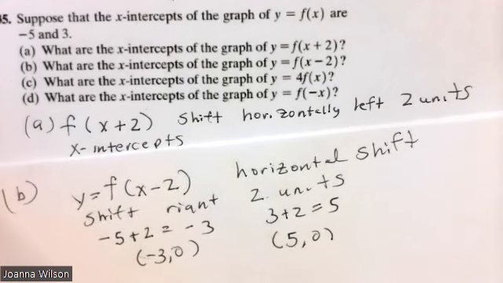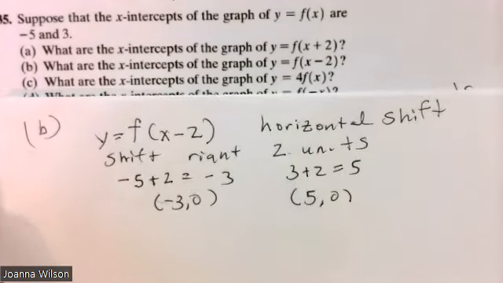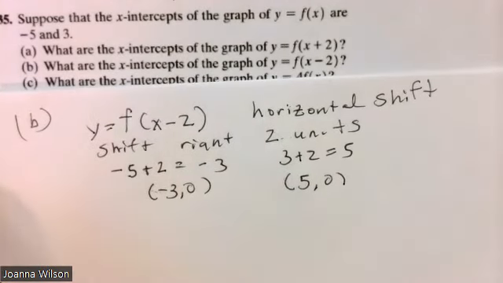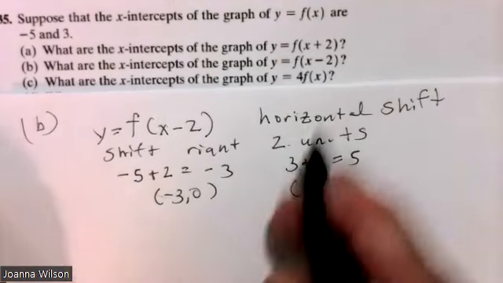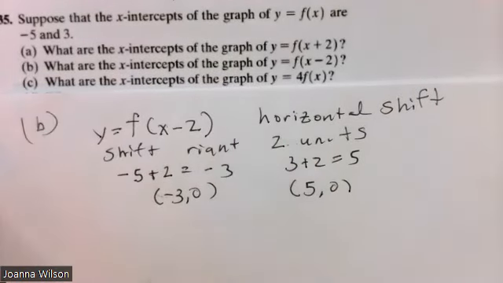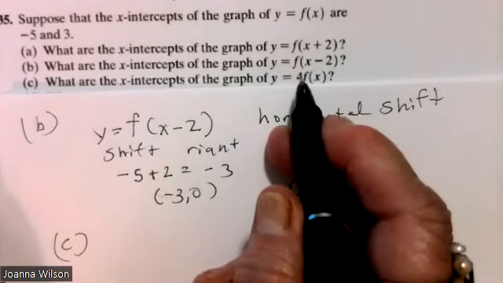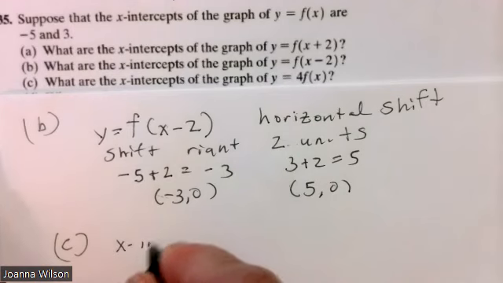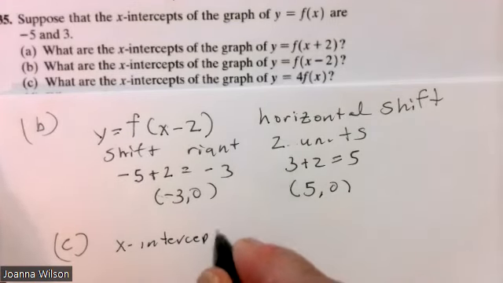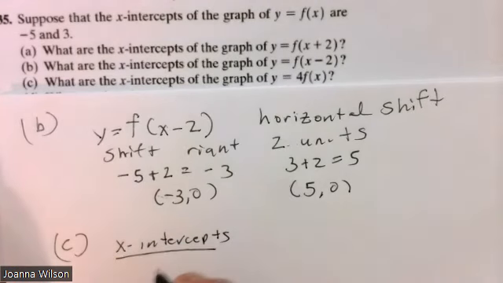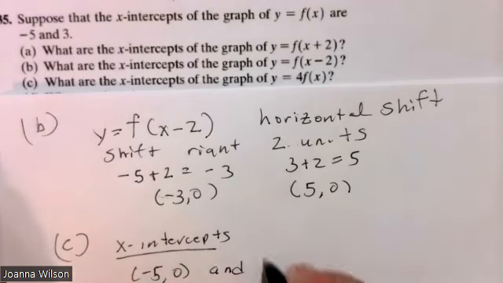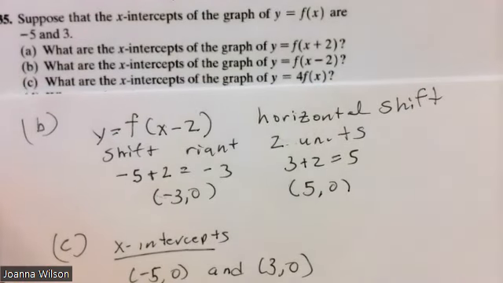Okay, then C. What about if we multiply f of x by 4? When you multiply f of x by 4, you're really multiplying the y values by 4. So it's not going to affect the x values. So the x-intercepts, it was given that they were (-5, 0) and (3, 0). And remember, I'm putting zeros here because an x-intercept is when y is equal to 0.